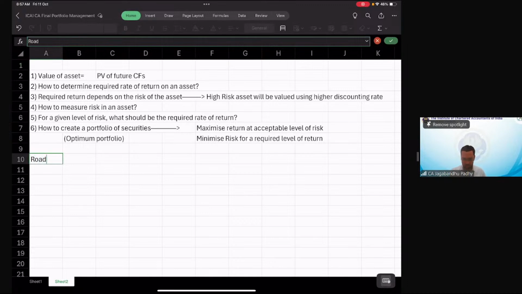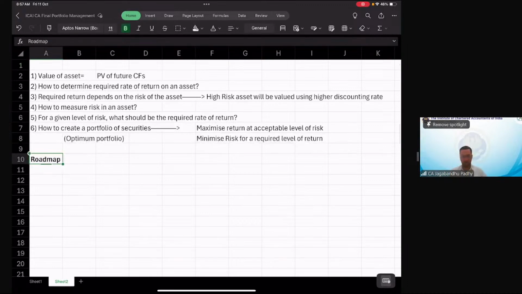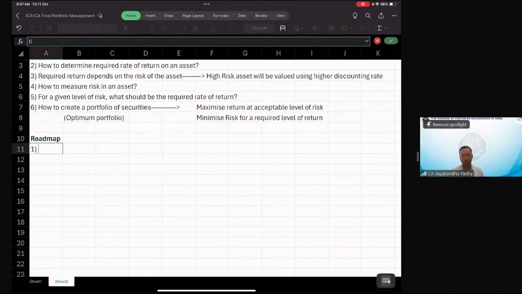the roadmap that I can set for this topic now is what we are going to learn. First is measuring risk and return of securities.